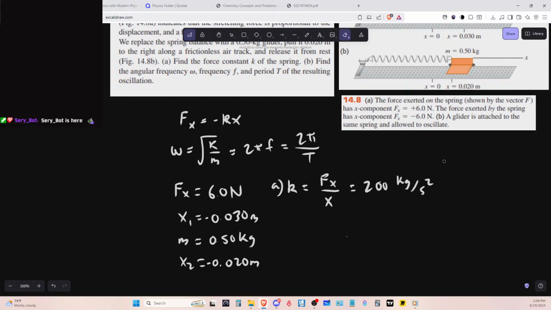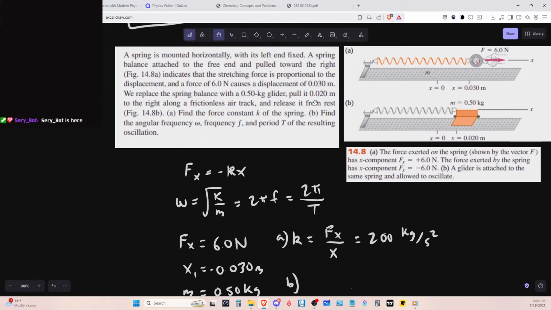Okay, so now we have to figure out what omega is, which is the angular frequency. And we have the mass. Now the thing is that I want to pull it along a frictionless track and release it from rest.